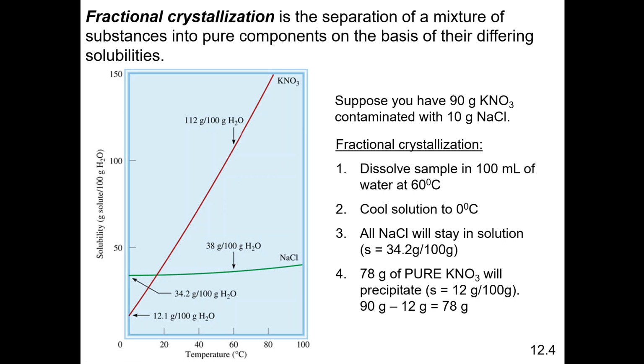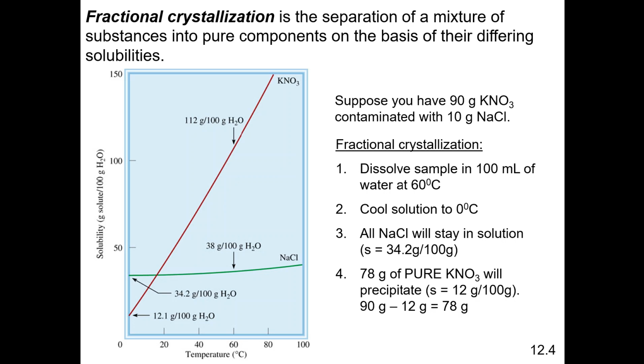You would have succeeded in separating 78 grams of potassium nitrate from a solution which contains 90 grams of potassium nitrate and 10 grams of sodium chloride. We call this fractional crystallization, a very important separation technique used for purification of compounds from mixtures, as you can see in this example.